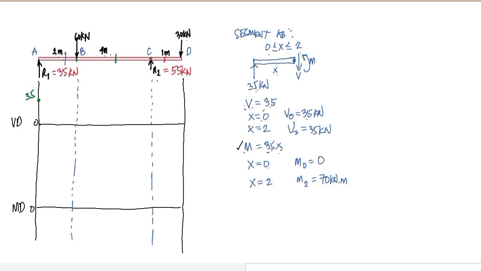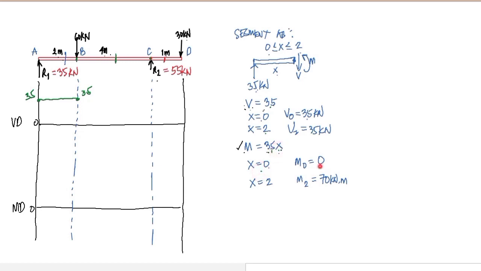And at x is equal to 2, the shear is still 35. And kung titingnan natin yung shear equation natin, it is constant 35 from A to B. So we have here a horizontal line. And for the moment, so we have here our equation, and the moment is equal to 35x.